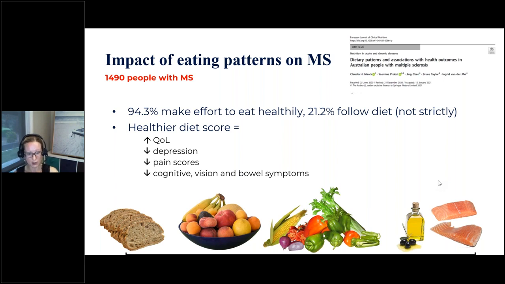So all of these factors that we know are good for us as people with MS. But one thing we definitely do need to keep in mind is that particular symptoms, it's not going to be a magic bullet where if we eat a certain way, suddenly our vision will improve or suddenly our cognitive symptoms will disappear. It's not as straightforward as that, but improving your pattern of eating overall should lead towards better change, or changes in the right direction rather.